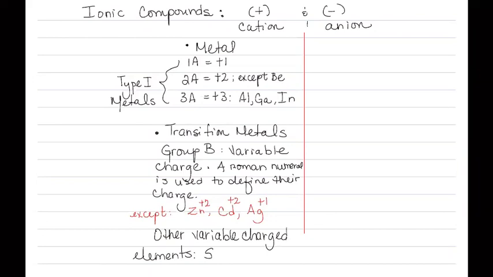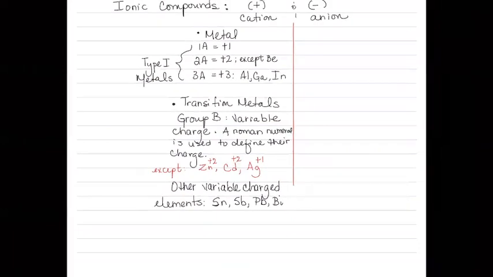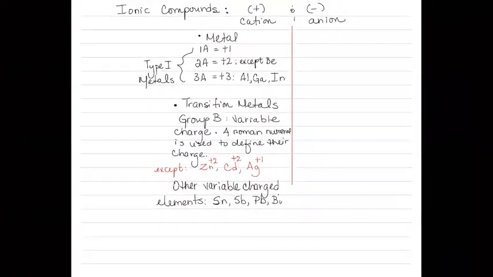And those are tin, antimony, lead, and bismuth. You will see them with Roman numerals because that's what they do. One more thing when it comes to the cations. The only other thing that you need to know about the cations is going to be NH4 plus. What is the name of NH4 plus?